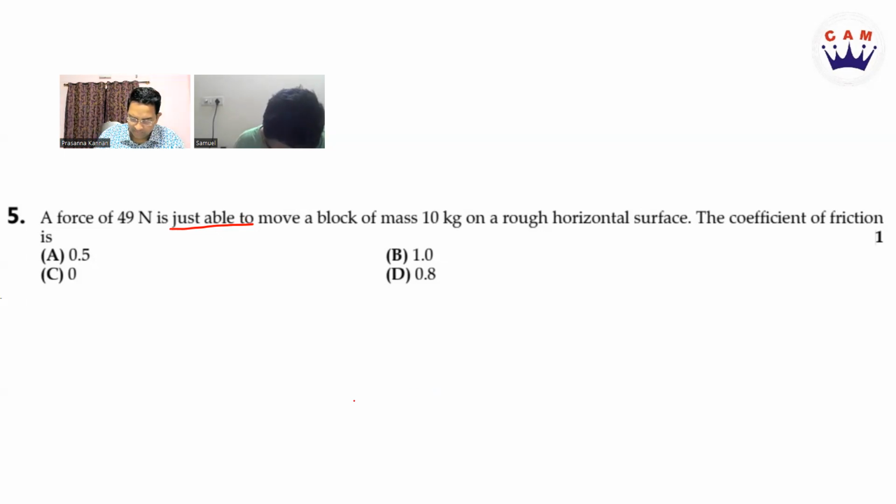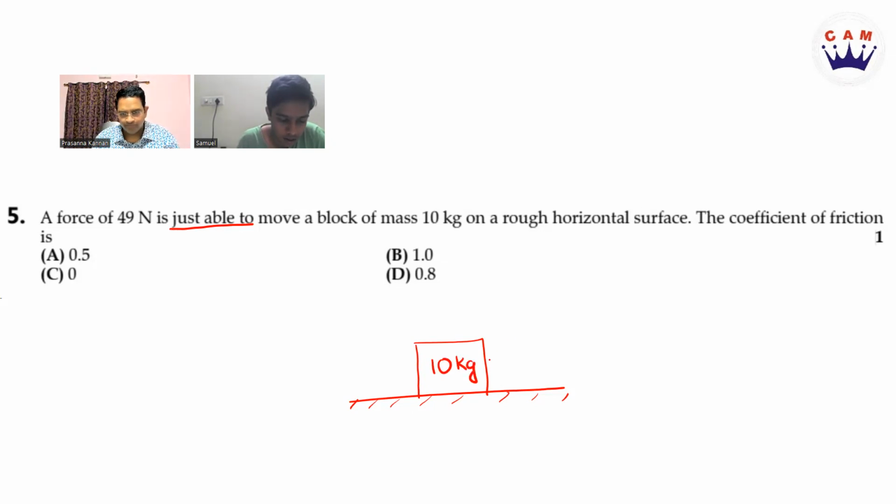Let's write the equation here. You have a surface and a block of mass 10 kg. Now you have applied a force of 49 Newton, which is just equal to the maximum value of static friction, the limiting friction, which is equal to 49 Newton.